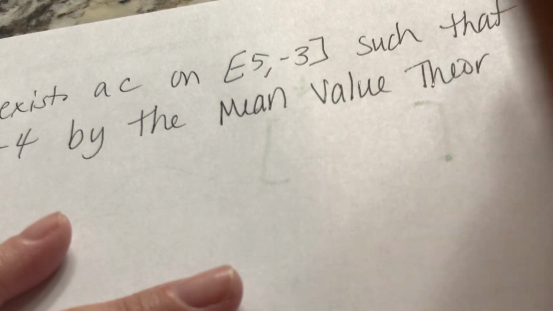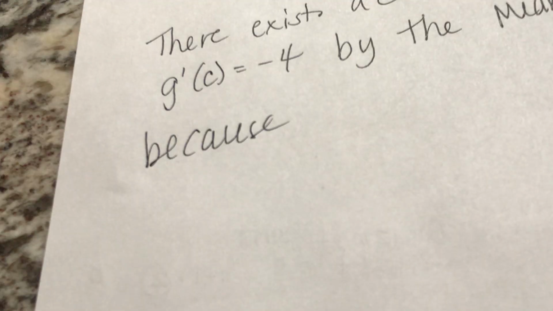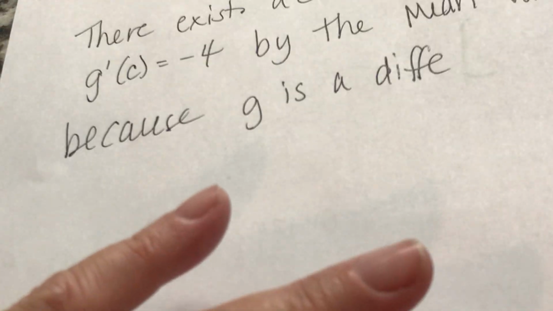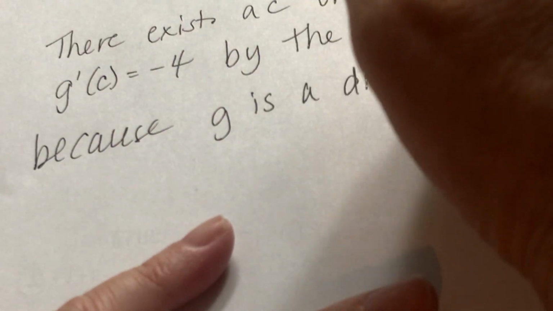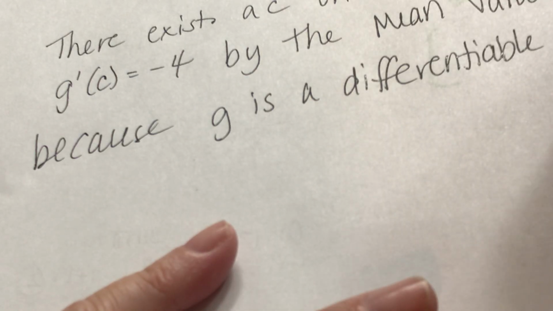You could just put MVT if you want to. Because, you ready for the because? Because G is a differentiable function on -5 to -3. You don't even have to say continuous because they told us it was differentiable.